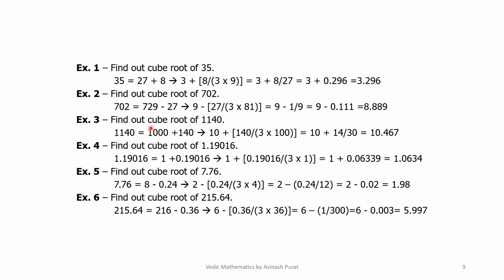Second example: find the cube root of 702. 702 is 729 minus 27, that is, 9 cube is 729, minus 27.